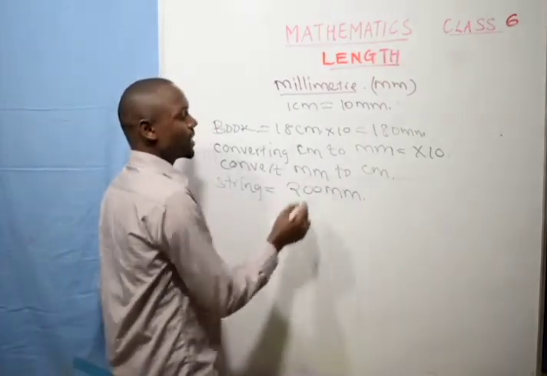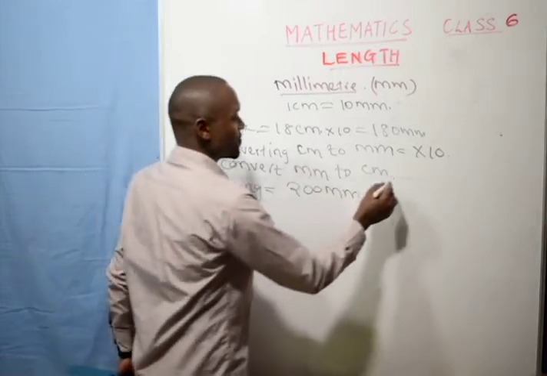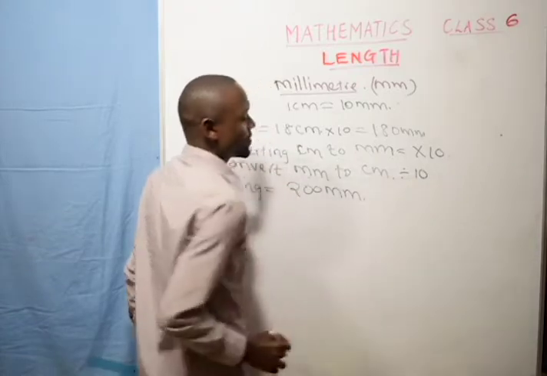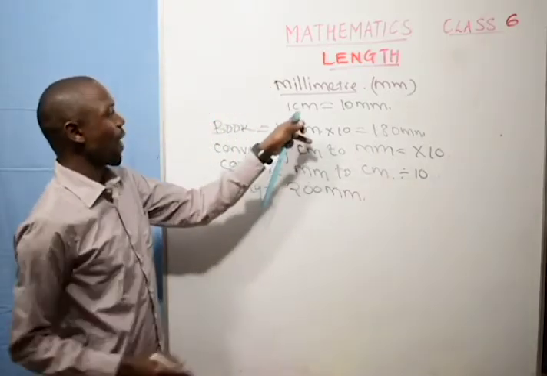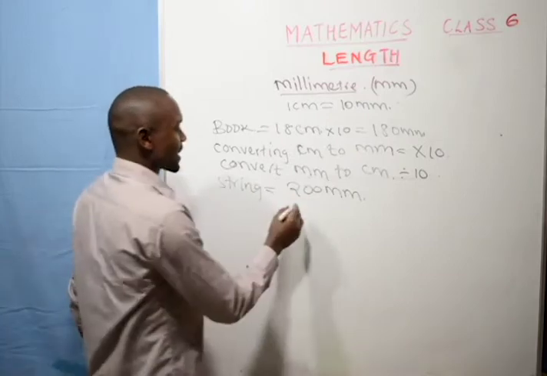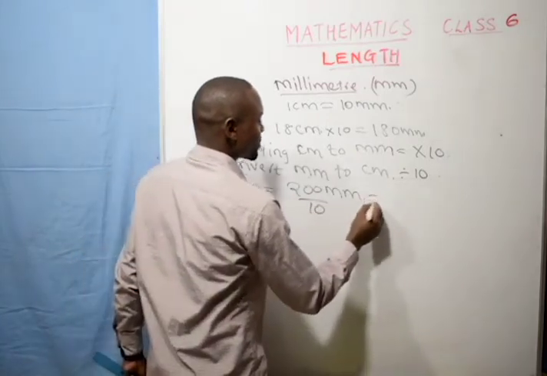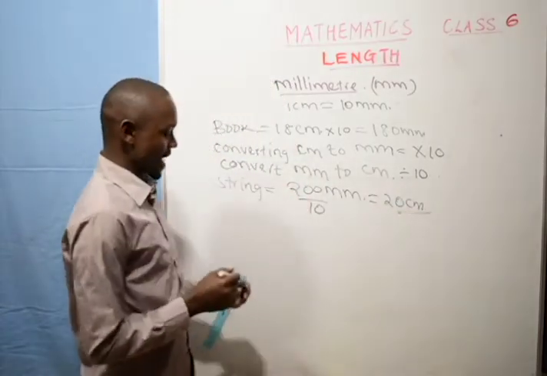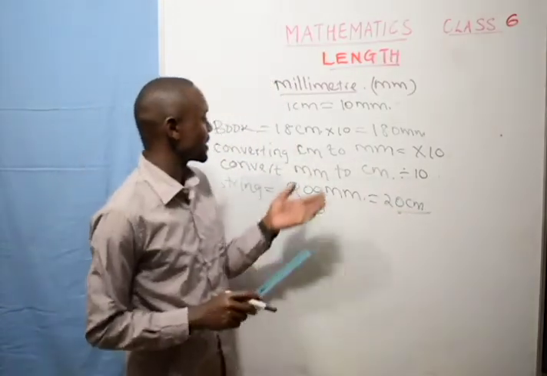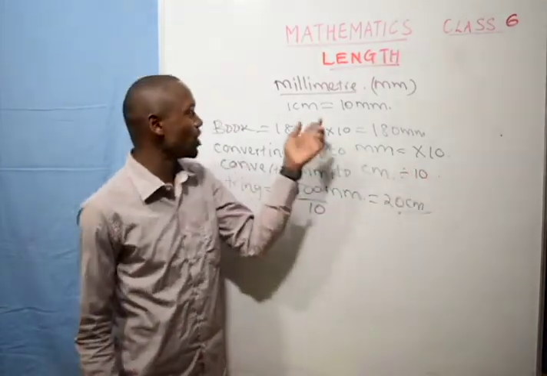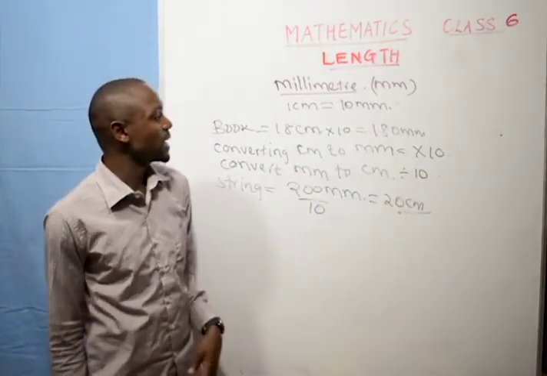When converting millimeters to centimeters, we divide by 10, because 1 centimeter is equivalent to 10 millimeters. 200 millimeters divided by 10 is equivalent to 20 centimeters. So that is how we convert millimeters to centimeters. We divide by 10 because 1 centimeter is equivalent to 10 millimeters.